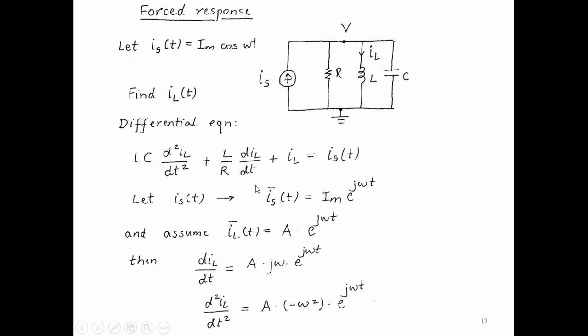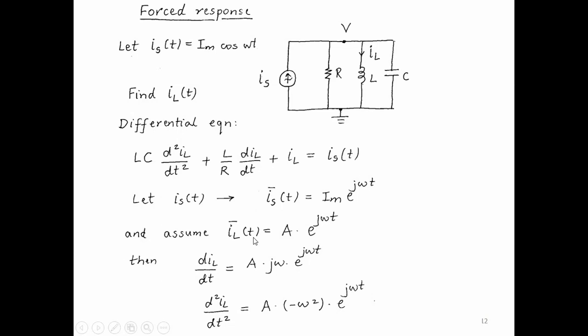Now let us make Is a complex forcing function. So Is is converted to a complex function: instead of Im cos omega t, we say Im e raised to j omega t. Then let us assume that for this forcing function, IL, the current in the inductor, has the form A e raised to j omega t, because if the forcing function is exponential, the response will also be exponential.